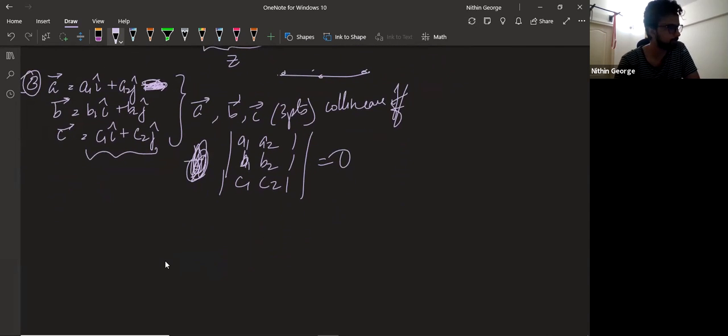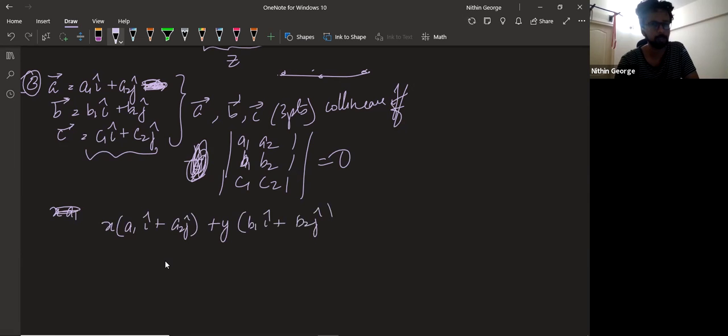Or think about the lines like this. A, B, C will be collinear if x into (a1 i cap plus a2 j cap) plus y into (b1 i cap plus b2 j cap) plus z into (c1 i cap plus c2 j cap) equal to 0, and x plus y plus z should be equal to 0.